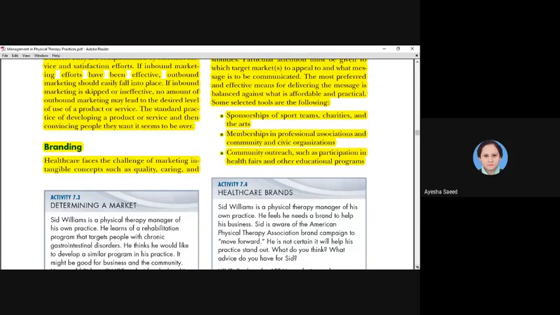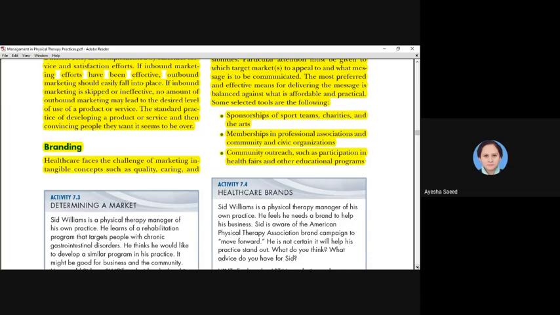Sponsorship of sports teams, charities, and arts. Membership in professional associations and community and civic organizations. Community outreach, such as participation in health fairs and other educational programs.